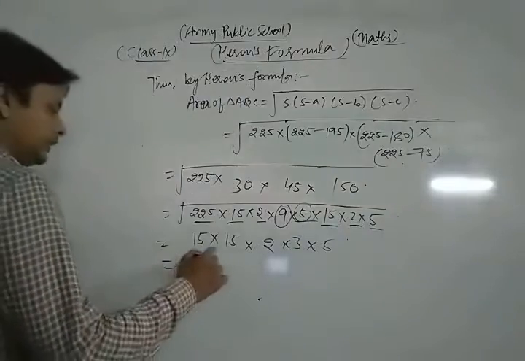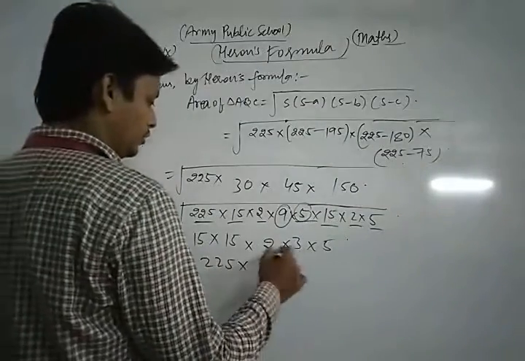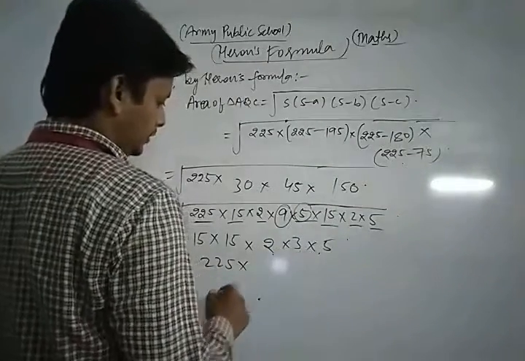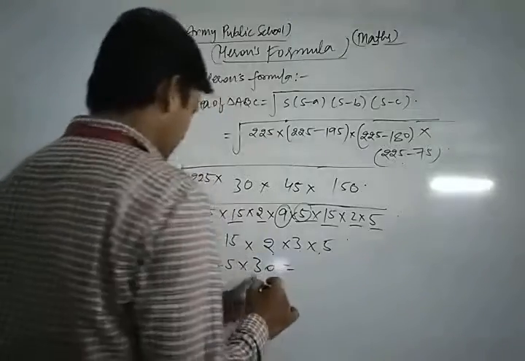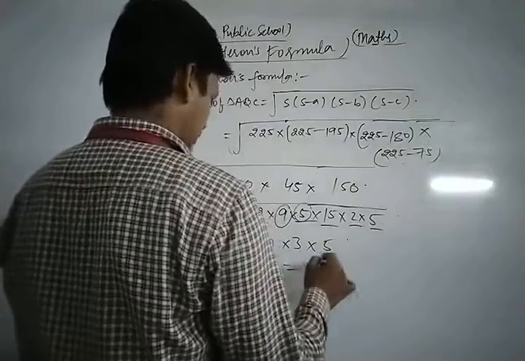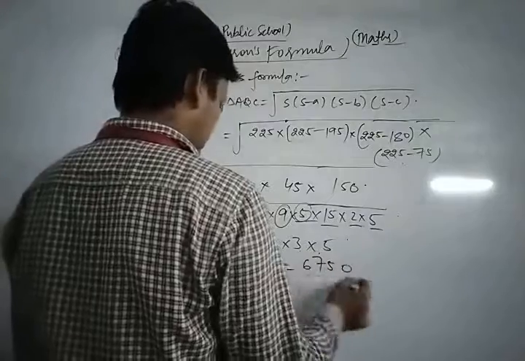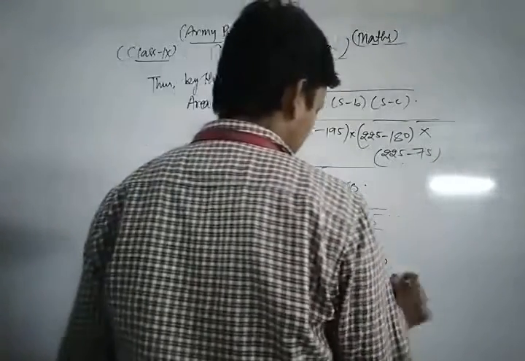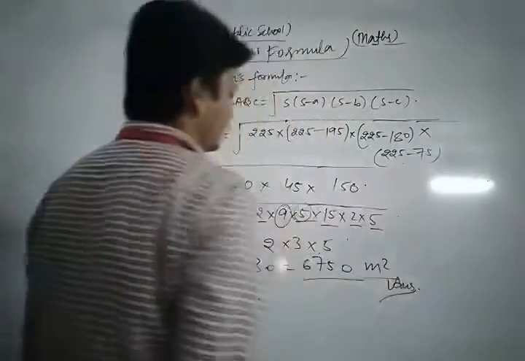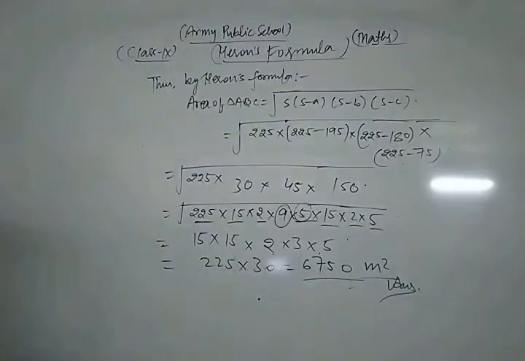Now we just multiply them: 225 into 3 is 6,750... 225 into 3 into 2 into 5 is 6,750 meter square. This is the required solution of the given question.